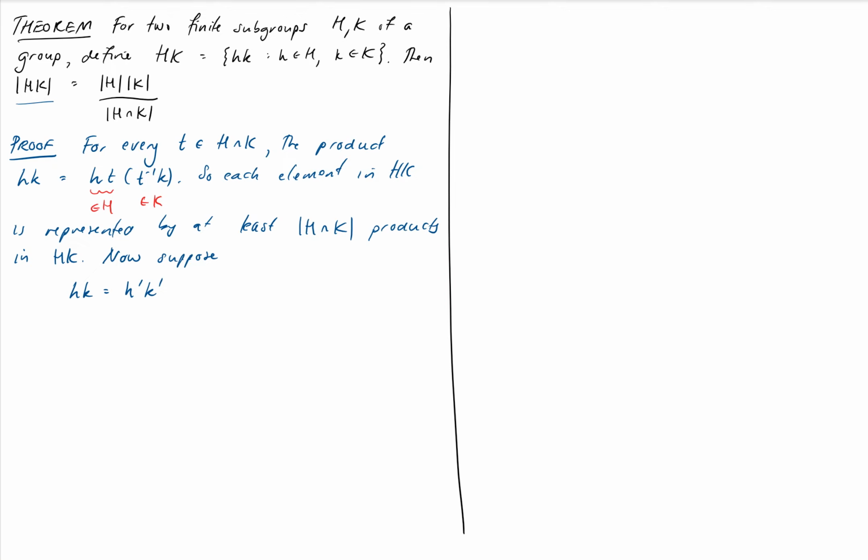But if this is true, then I can rearrange this to group the elements of H on one side and the elements of K on the other, and the only way this can be true is if those two things are equal to some element in the intersection, because here we have a member of H, and here we have a member of K. So the only way this is true is if they're both equal to some element t in the intersection.